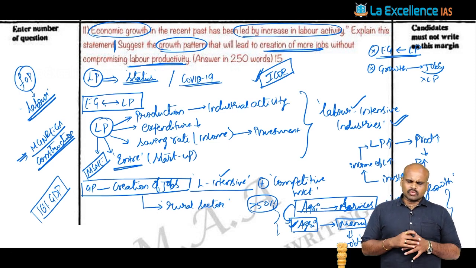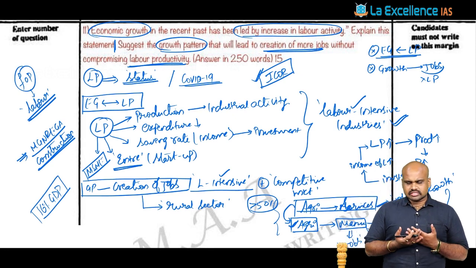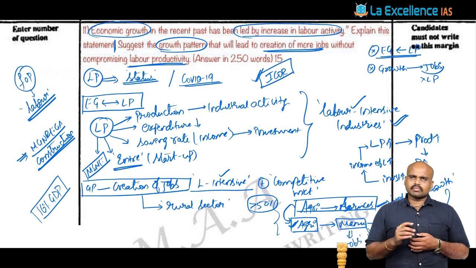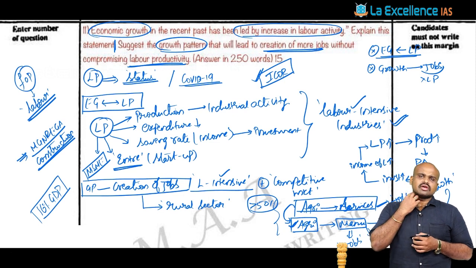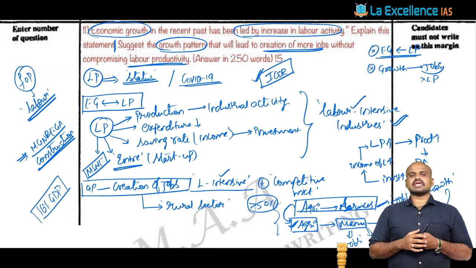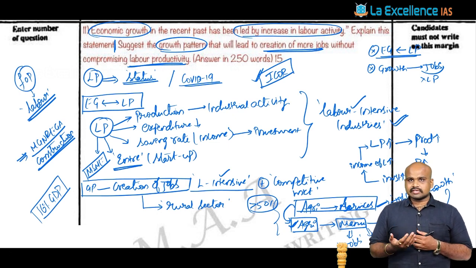Once we realize these aspects of the Indian economy, we can safely conclude that the future of Indian economic systems and the future of Indian employment will lie in the hands of labor intensive industries like textiles, leather, and footwear. All such industries are labor intensive.